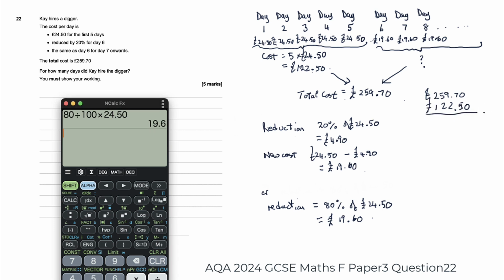So we're taking £259.70 and we're subtracting £122.50. And that gives us £137.20.